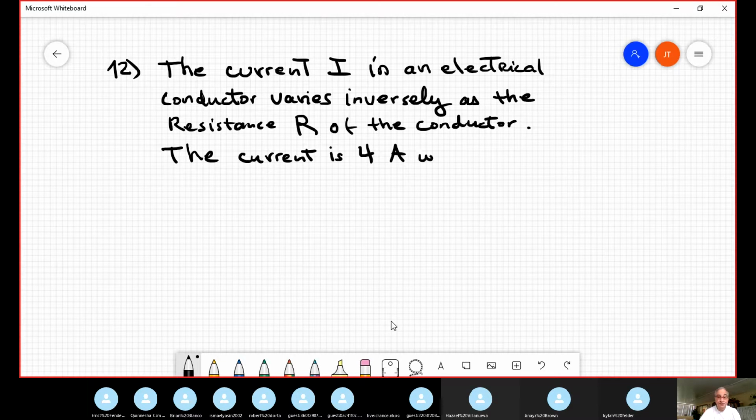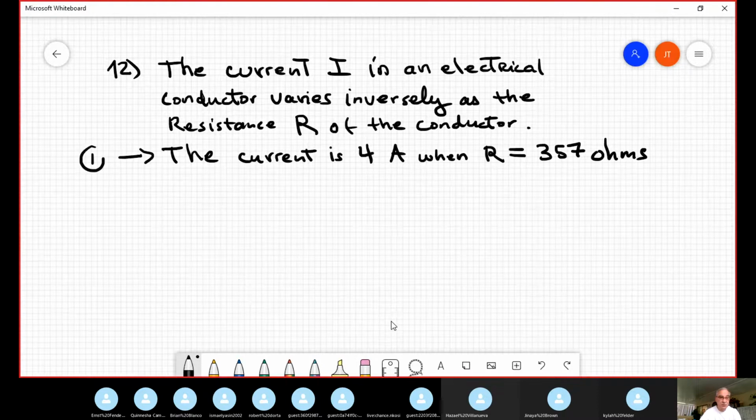When the resistance, capital R, is 357 ohms. That is the unit. This is my first condition. And my second condition is, what is the current?